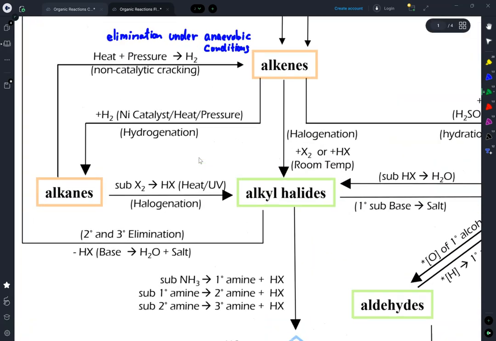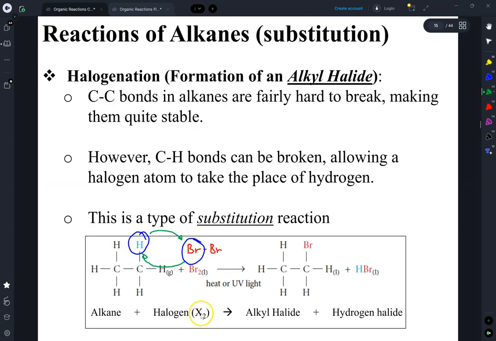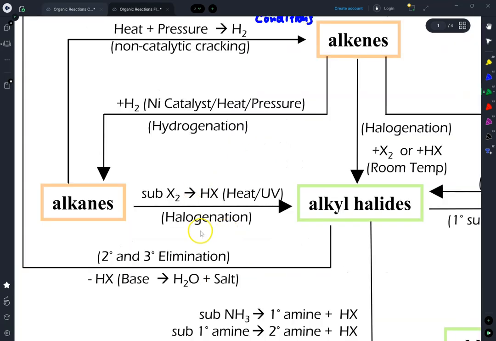We are turning an alkane into an alkyl halide. Here I have written that it is a substitution reaction for which we are substituting a halogen, which I will write as X2, where X represents whatever halogen we're trying to latch on, be it fluorine, bromine, chlorine, or iodine. This process is also called halogenation, and a hydrogen halide is produced.